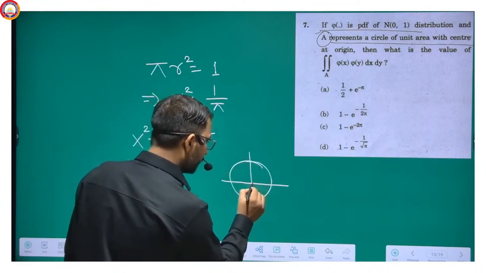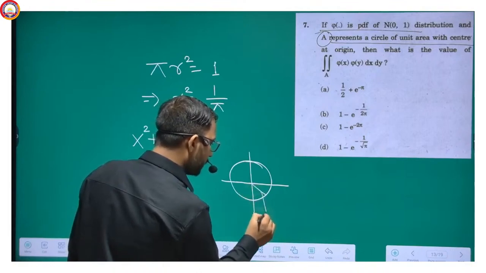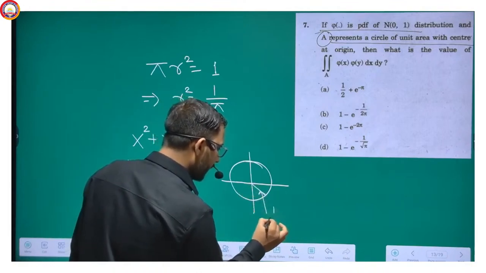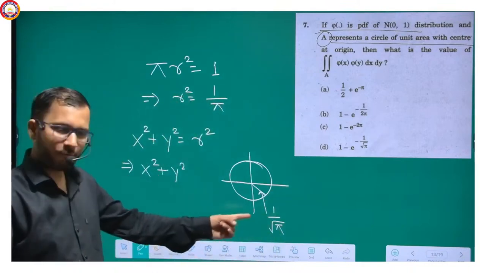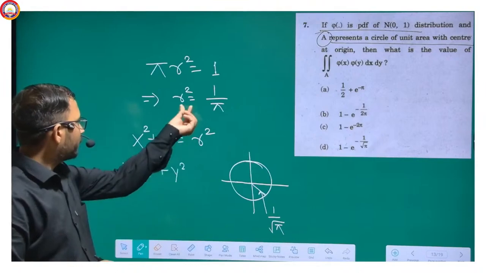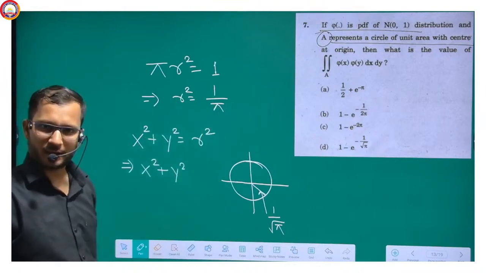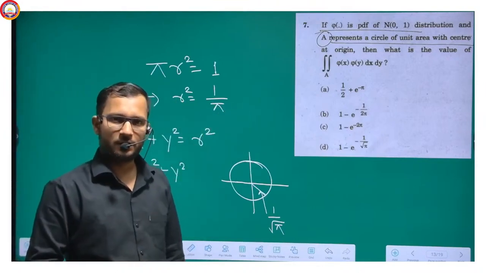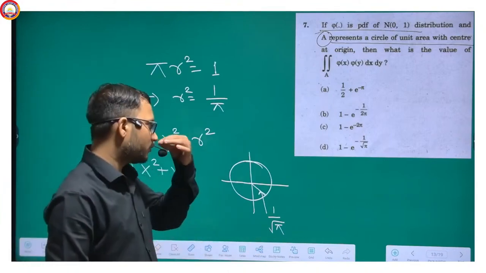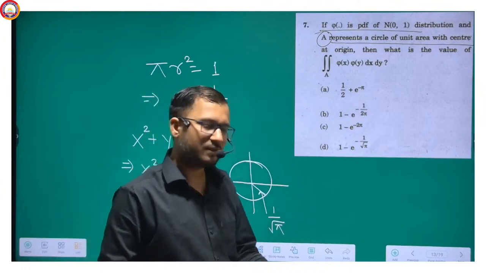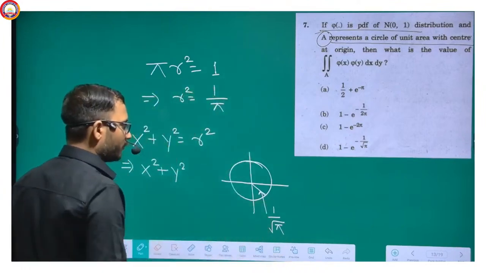This r is nothing but 1 by root pi. The value of r is 1 by root pi here, because r square equal to 1 by pi, so r is equal to 1 by root pi. You don't write plus or minus because r is the radius, so it should have length, and length can't be negative. So yes, this is 1 by root pi.